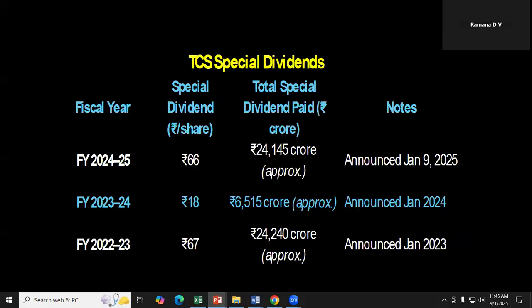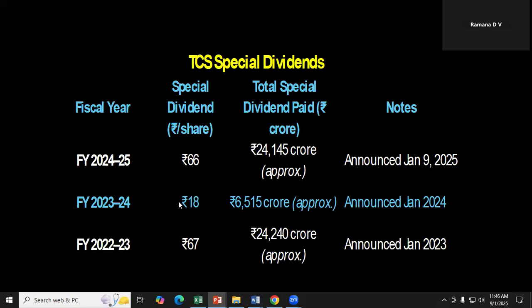As I mentioned previously, Tata Consultancy Services, TCS, often declares special dividend because of the huge liquid cash available on the balance sheet. In the latest year, 2024-25, there was a special dividend of 66 per share, 24,000 crore, and it was announced in January 2025.